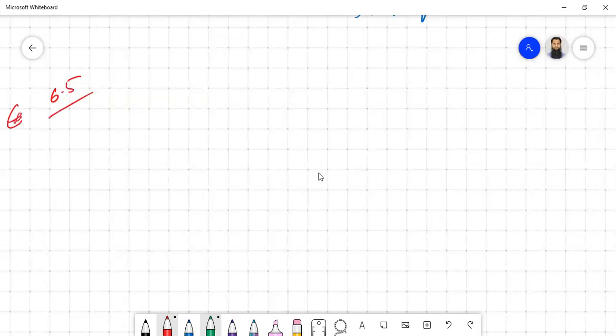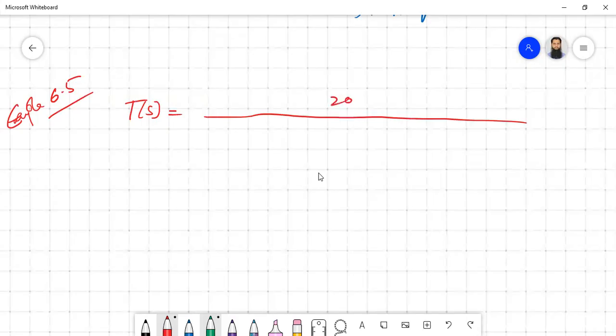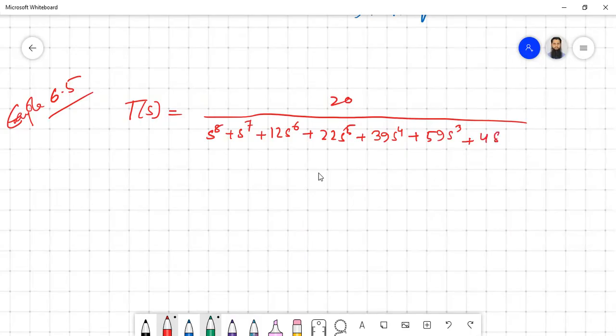Again, a closed loop transfer function is provided: 20 divided by s to the power 8 plus s to the power 7 plus 12 s to the power 6 plus 22 s to the power 5 plus 39 s to the power 4 plus 59 s cubed plus 48 s squared plus 38 s plus 20.